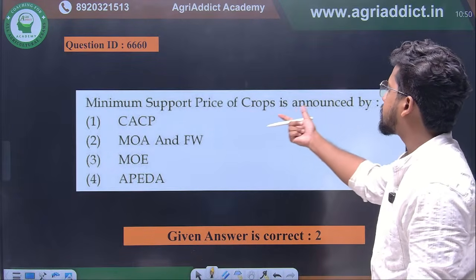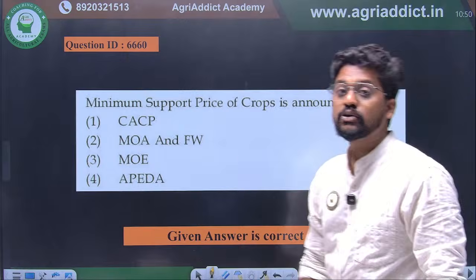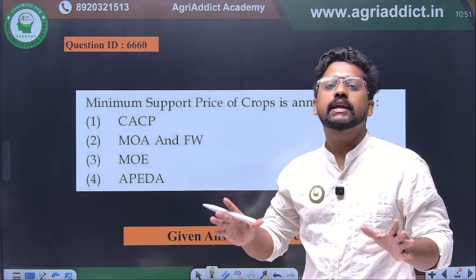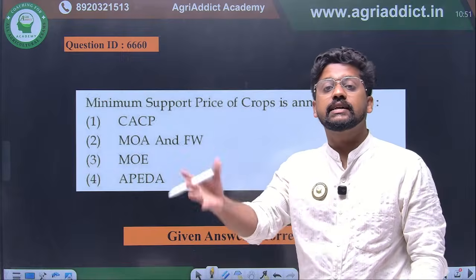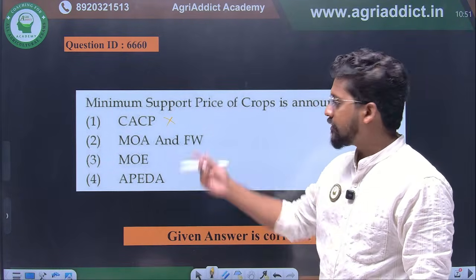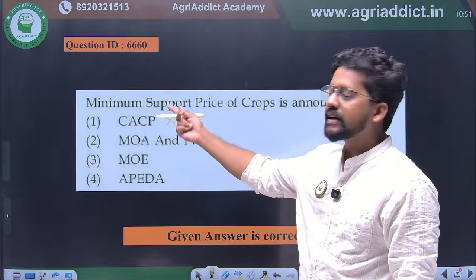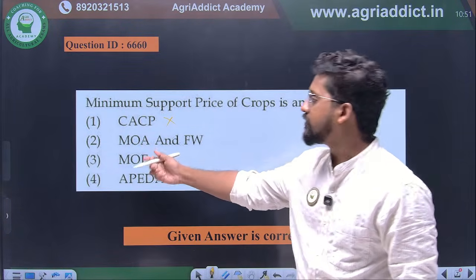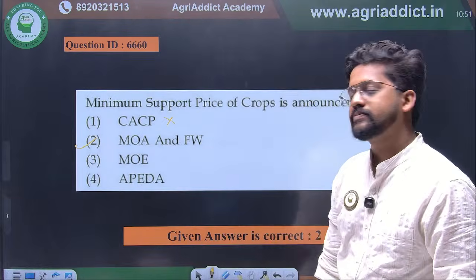Minimum support price of the crop is announced by whom? It is not announced by CACP. CACP is formulating and recommending it to the government, and the government finally announces it. So therefore CACP is a wrong answer here. And the government body representing minimum support price for agriculture is none other than the Ministry of Agriculture and Farmers Welfare. So your correct answer will be answer 2, right?